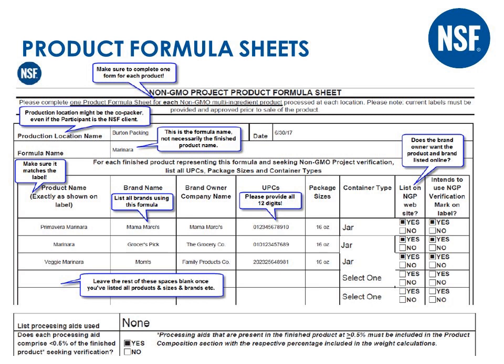For the section called Formula Name, please be sure to indicate your internal name for the product, such as generic marinara, whereas the next section will ask for consumer-facing names on the product packaging, like Primavera Marinara and the associated brands. We will also need to know each UPC and container type for each product. This allows the Non-GMO Project to provide important information to consumers about your product's verification status, helping consumers to find your product in the store.